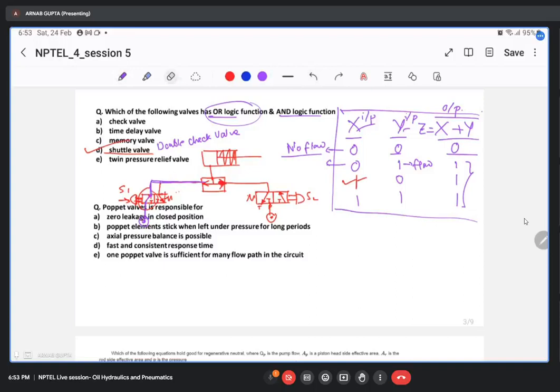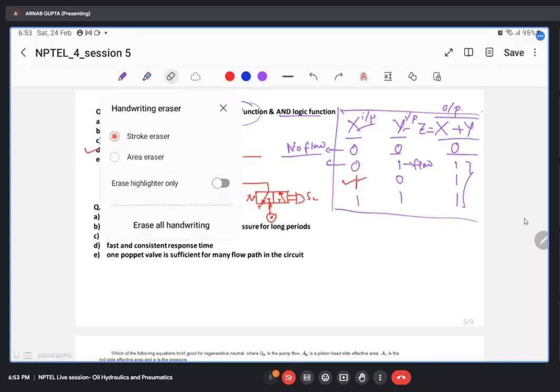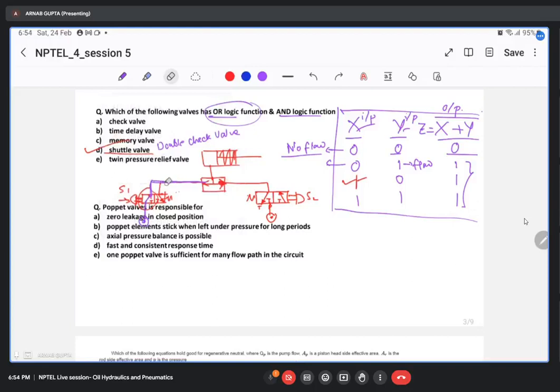Sorry, I'm just unable to delete this small red line. Anyway, I hope you understand. So what happens? This ball was initially near the middle. It gets shifted this side, and the flow will happen from here. And this cylinder will extend.